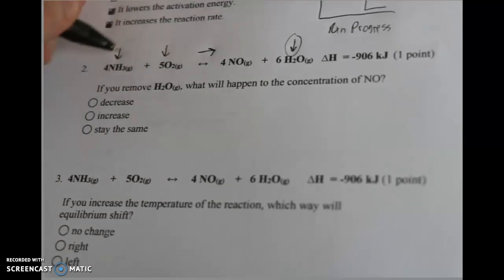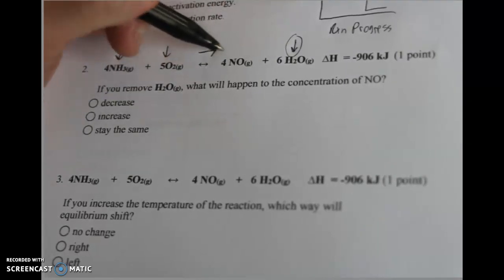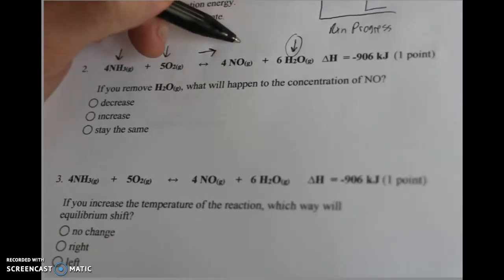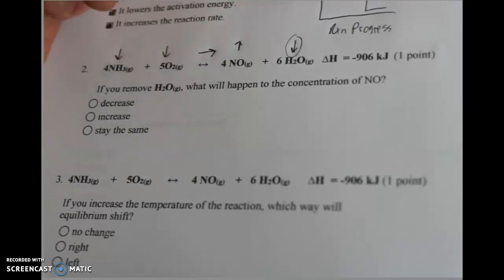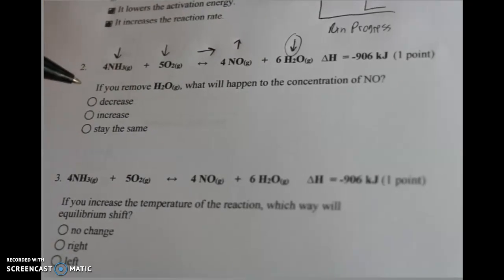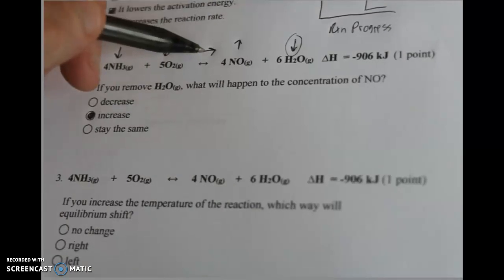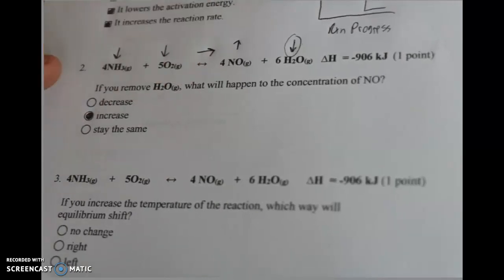These get consumed or sacrificed to make the products. So whatever side the reaction equilibrium shifts toward, that side is going to increase. It's asking about nitrogen monoxide, so that one ends up increasing. Just remember, if you take away something, equilibrium shifts to the same side.